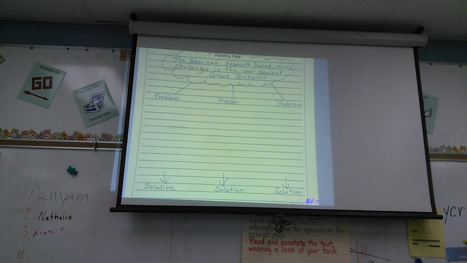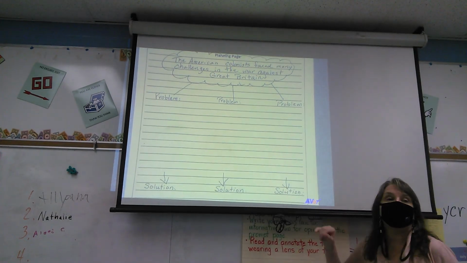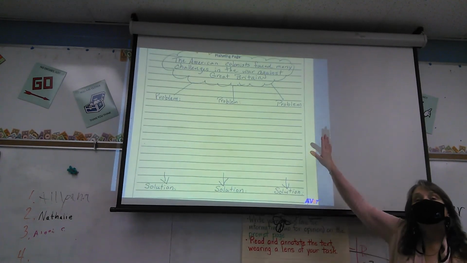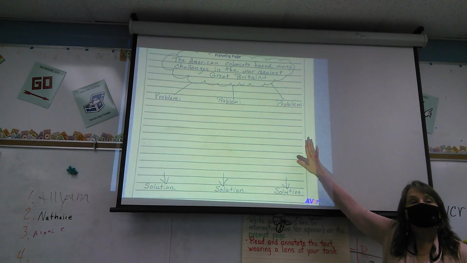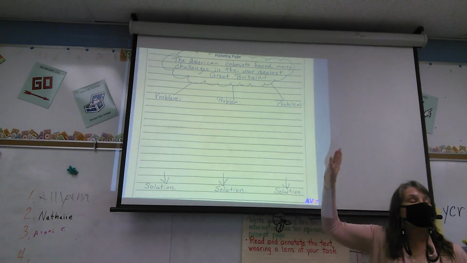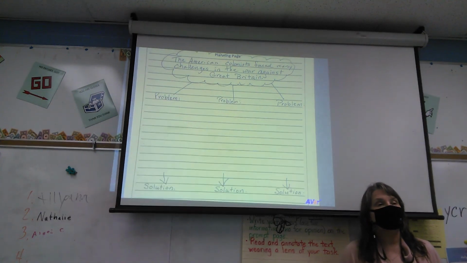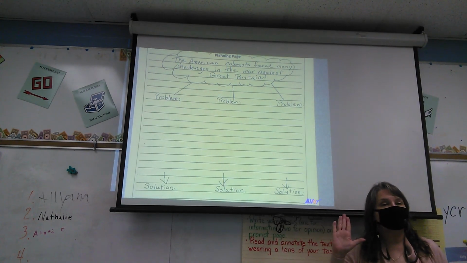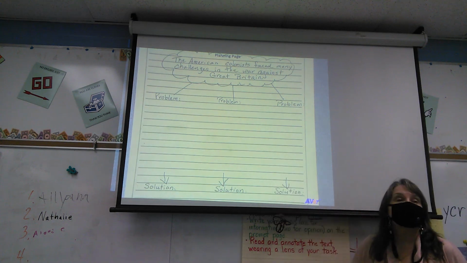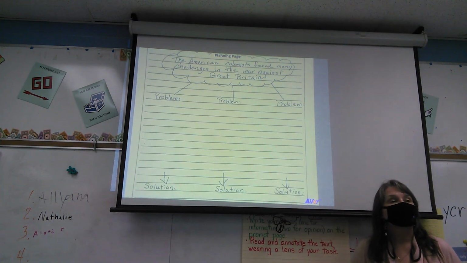And a good test for you, if you put a main idea sentence of a problem up here, but you can't find the solution, you can't use it. All right, so that's going to be your signal. That's going to be the way that you're going to prove it. When we read about Valley Forge yesterday, there was no solution to the terrible winter at Valley Forge.